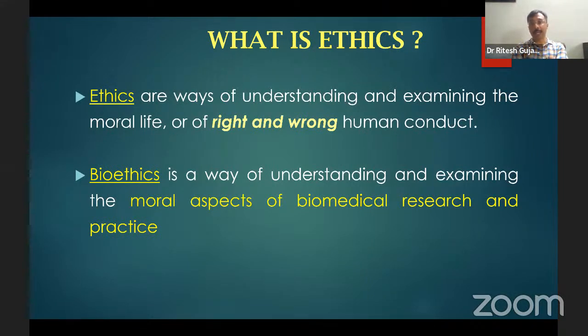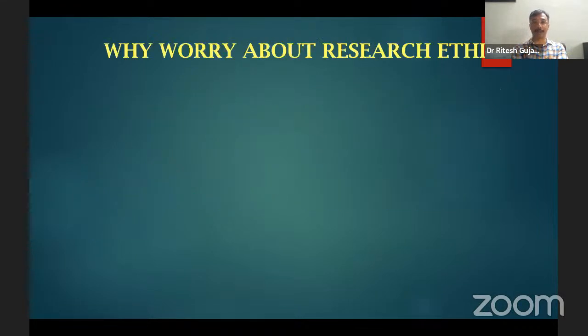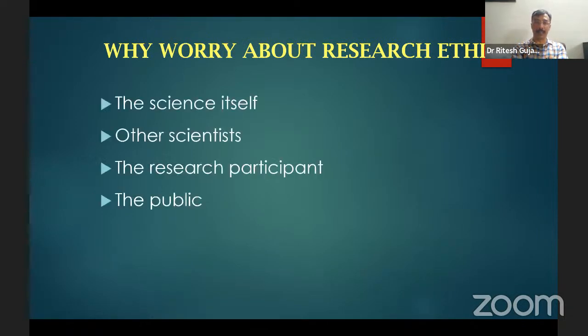For the development of any medical science, research is obviously essential, but while doing that kind of research, we should never compromise the rights or responsibilities, or certain important points, related to research subjects. So bioethics talks about that. Now, why should we worry about research ethics? These are the stakeholders, which tell us that this ethics should always be strictly followed for the sake of science as well as for the sake of scientists.